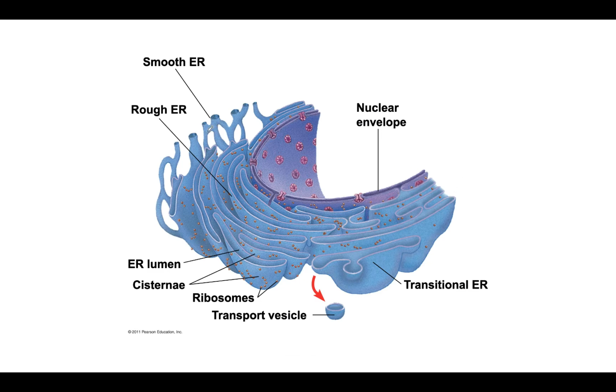One more time, here's smooth ER, rough ER, and then this dot is a ribosome, and this is the protein synthesized inside the rough ER. Some protein is located inside the membrane of ER, but at the terminal region of ER, this membrane is budded off, and it forms a transport vesicle.